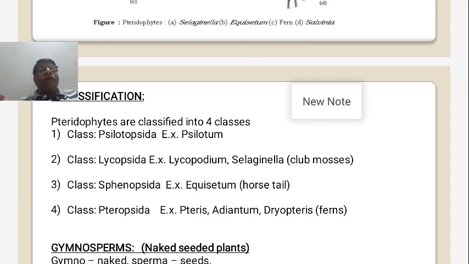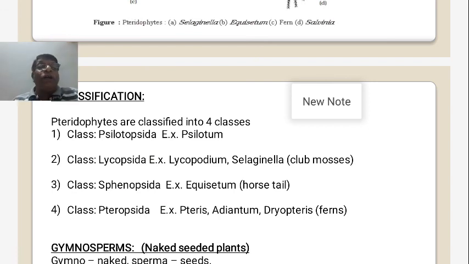Coming to the classification, pteridophytes are mainly classified into four classes. They are as follows. Class 1, Psilopsida. It includes the Psilotum plant body. It is a very primitive plant, Psilotum. Then the next class, Lycopsida.